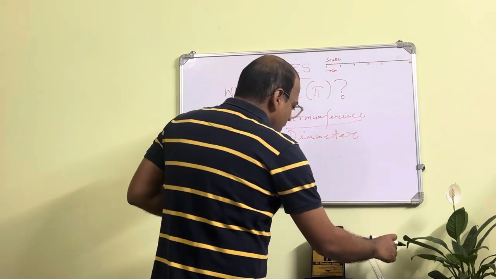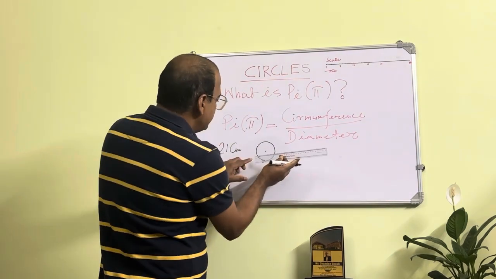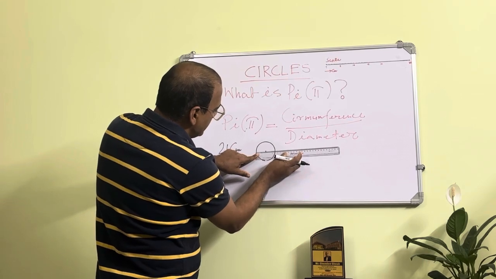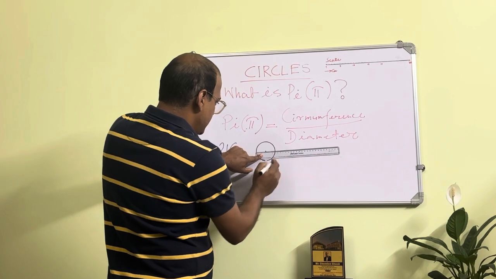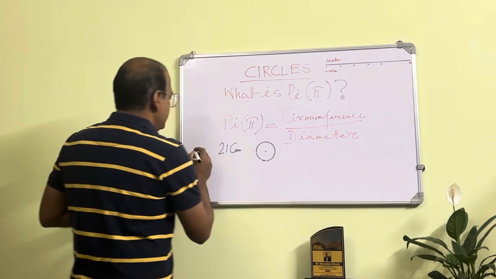Now I have taken a scale as well. I'll measure the diameter of this circle, which comes around 6.7. I'll make a note of this.